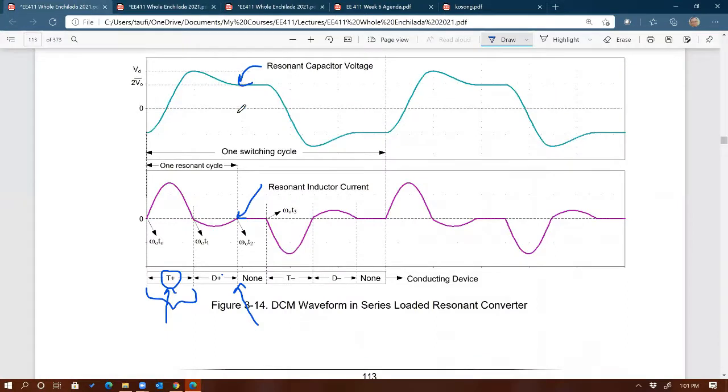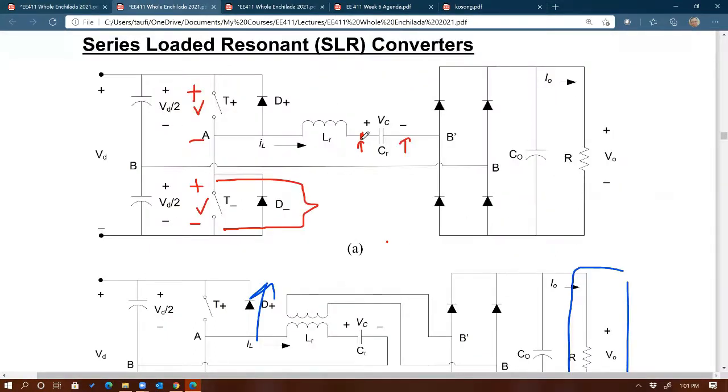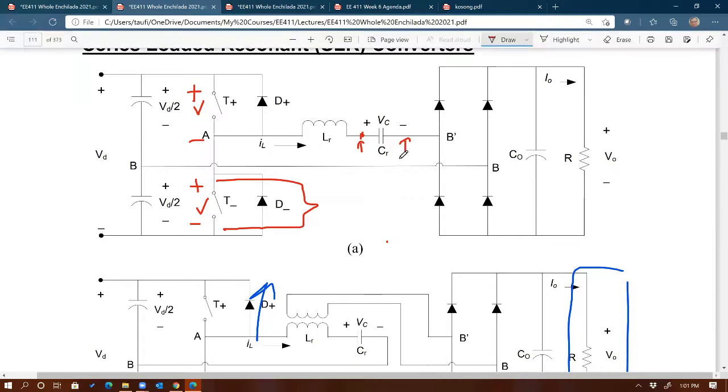I can tell that at that point, the voltage across the cap is positive, the same as the cathode, and the anode is negative. Therefore, it's reverse biased as well. Very good. Those are two ways of proving that even though theoretically the current may flow through D minus, at this point D minus is not ready to conduct yet, because it's reverse biased. Any questions on that?